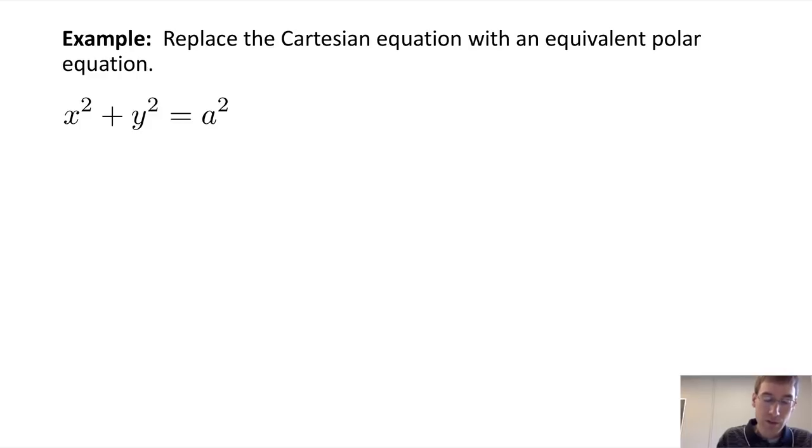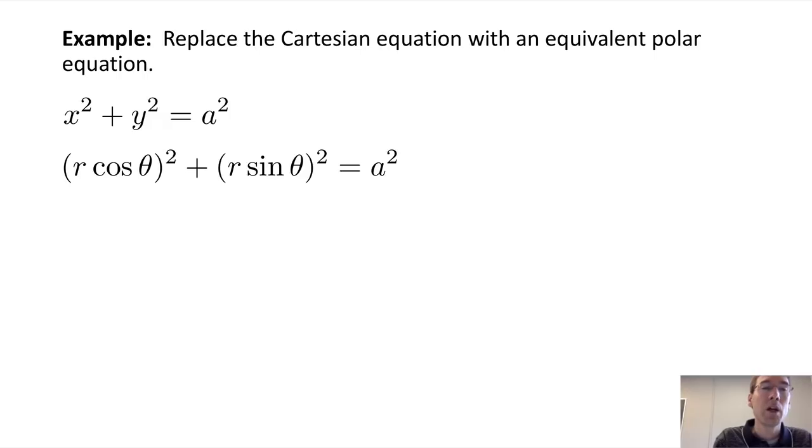Let's replace the Cartesian equation x squared plus y squared equals a squared with an equivalent polar equation. I'll begin by replacing x with r cosine theta and y with r sine theta.